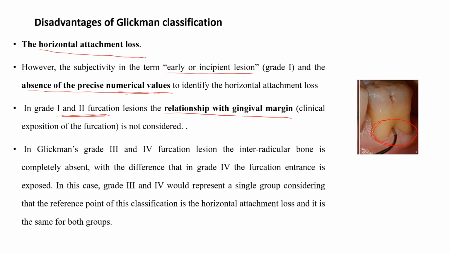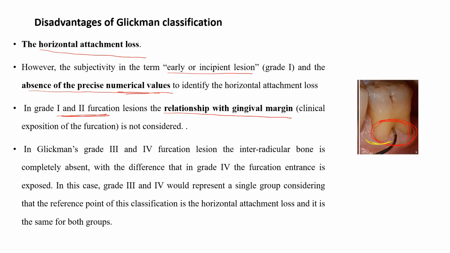This makes its third disadvantage. Actually, if you see the figure, there is involvement of the furcation but only at the initial stage, and there is gingival recession also. According to Glickman's, if we consider only the horizontal attachment loss, then it goes in the grade 1 classification.